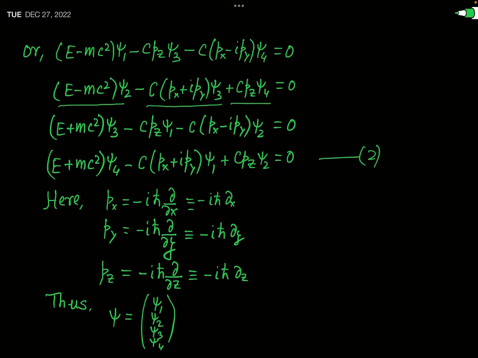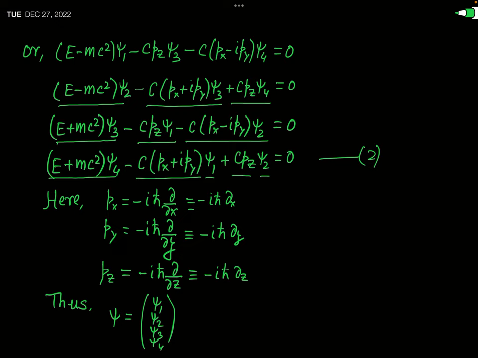Okay. And in a similar manner, the remaining 2 equations can be written like this. This is E plus mc square psi 3 minus cpz psi 1 minus cpx minus ipy psi 2 equal to 0. And the fourth one is E plus mc square psi 4 minus cpx plus ipy psi 1 plus cpz psi 2 equal to 0. Okay. I is actually iota.